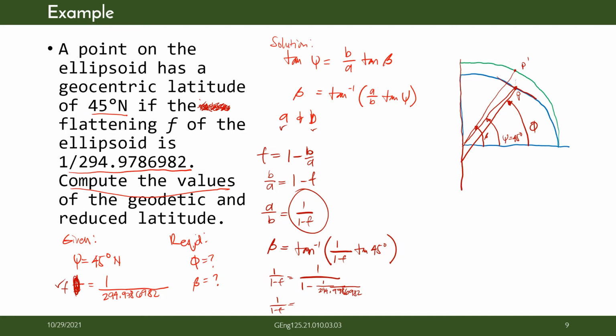So that would become 1.003401607. So, okay.